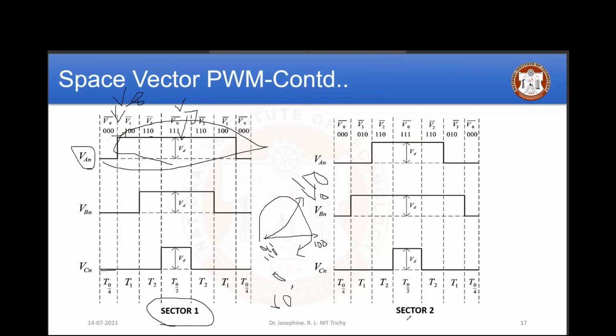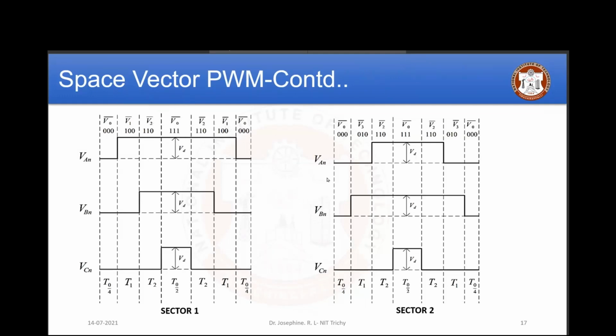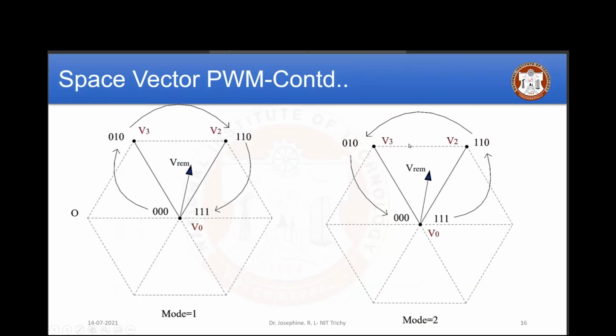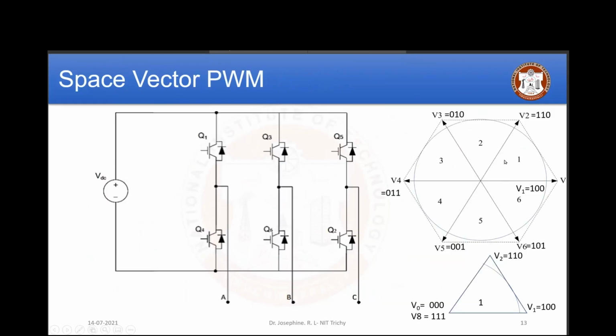If you see sector 2, my sector 2 is between V2 and V3. If you see here, I have identified 1, 2, 3, 4, 5, 6. Now it is in sector 2. Assume that I have identified my sector number, which is 2.